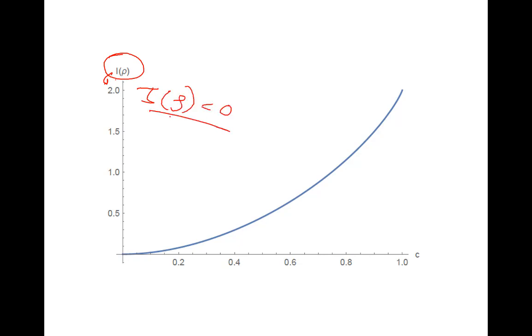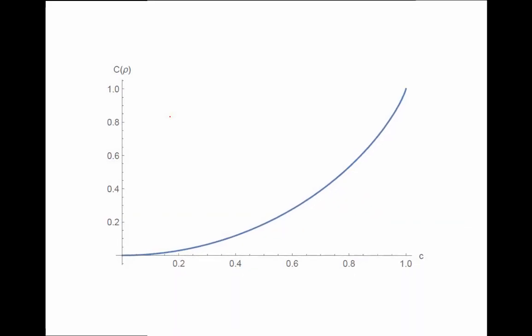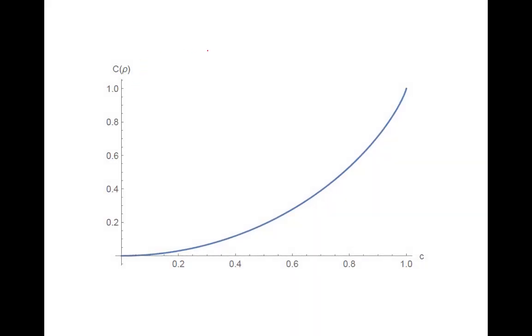And we know from quantum information theory that perfectly entangled states have quantum entanglement 1, and even quantum discord is 1. So total quantum information is 2, I of rho is 2, and classical correlation is 1.